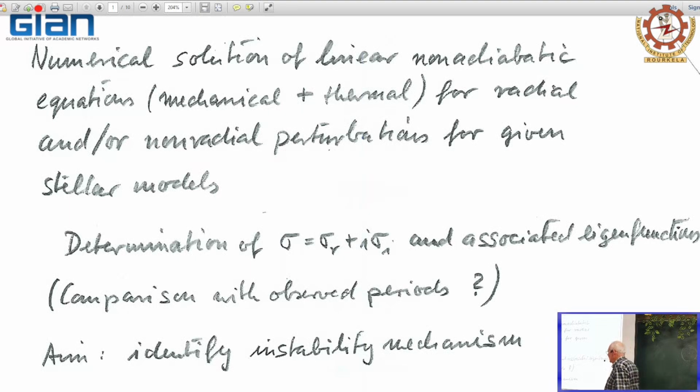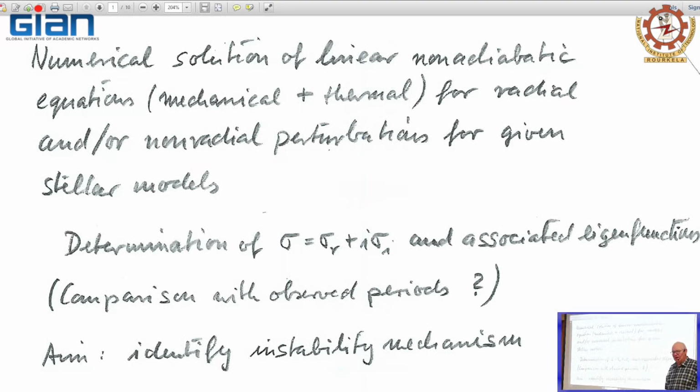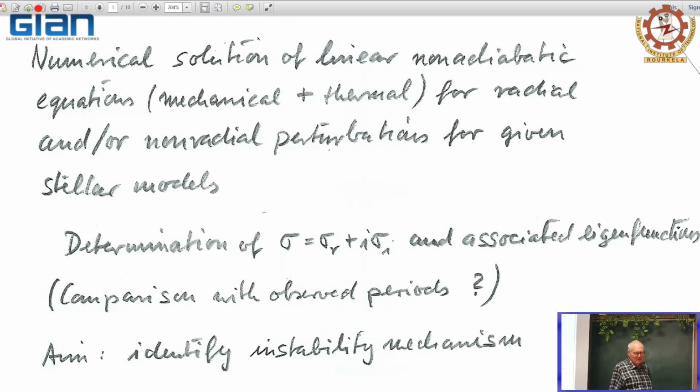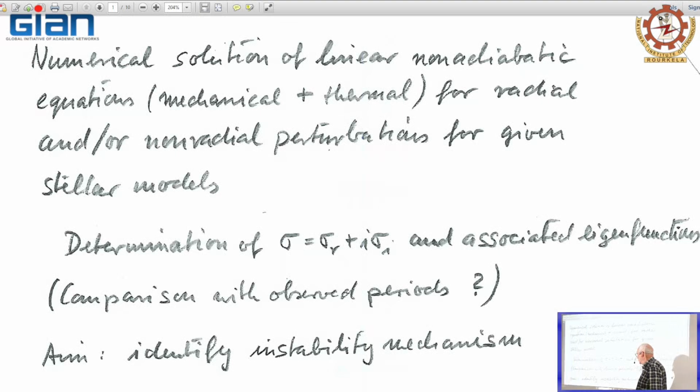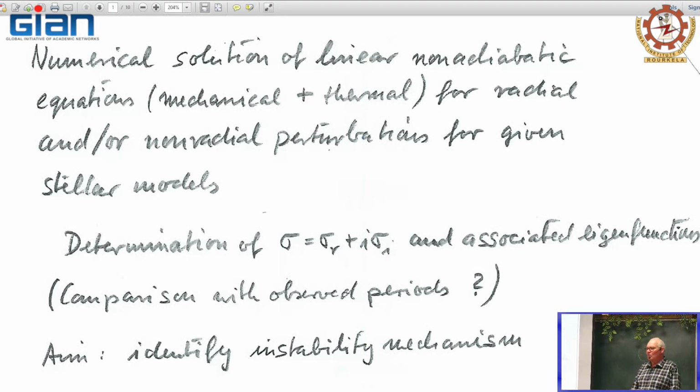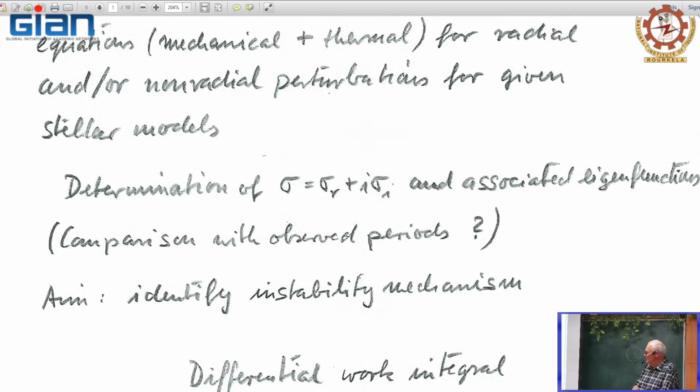Okay, well, another point, once we have an instability, of course, is that we would like to understand this instability in a bit more intuitive way, or in other words, we would like to identify the mechanism which provides the instability which we found numerically in the numerical consideration of the pulsation equations.